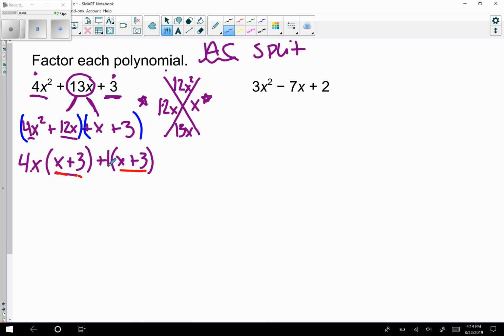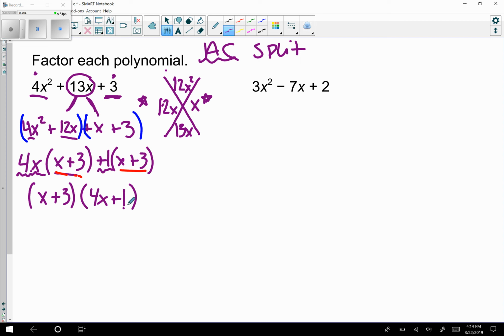So here is how this ends up breaking down. Even though that term shows up twice, you only write it once. So x plus 3, and then your new factor turns into 4x, that's coming from this right here, plus 1.